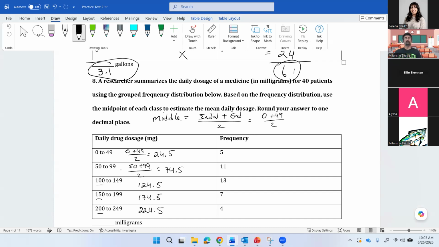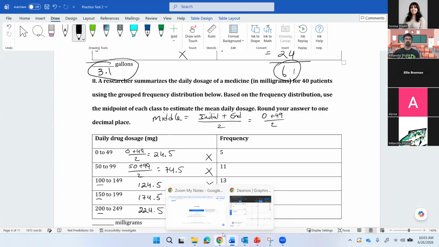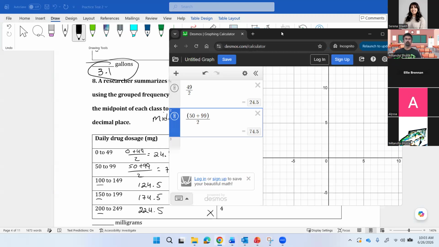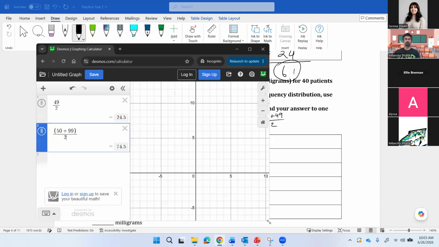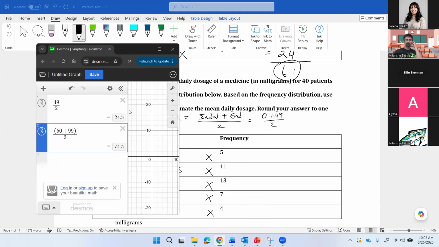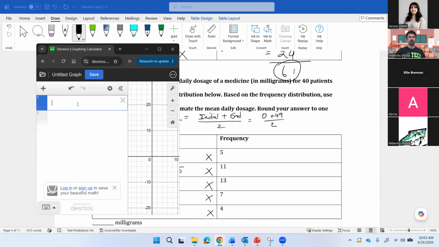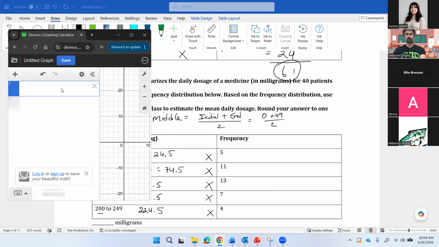And then from here, this was the only extra step we needed to do. We rinse and repeat from the previous problem, which was we multiply all of these things. Okay. So I'm gonna do 24.5 times 5. And remember, we do add them. So I'm just going to do this all in one go, but you don't have to.